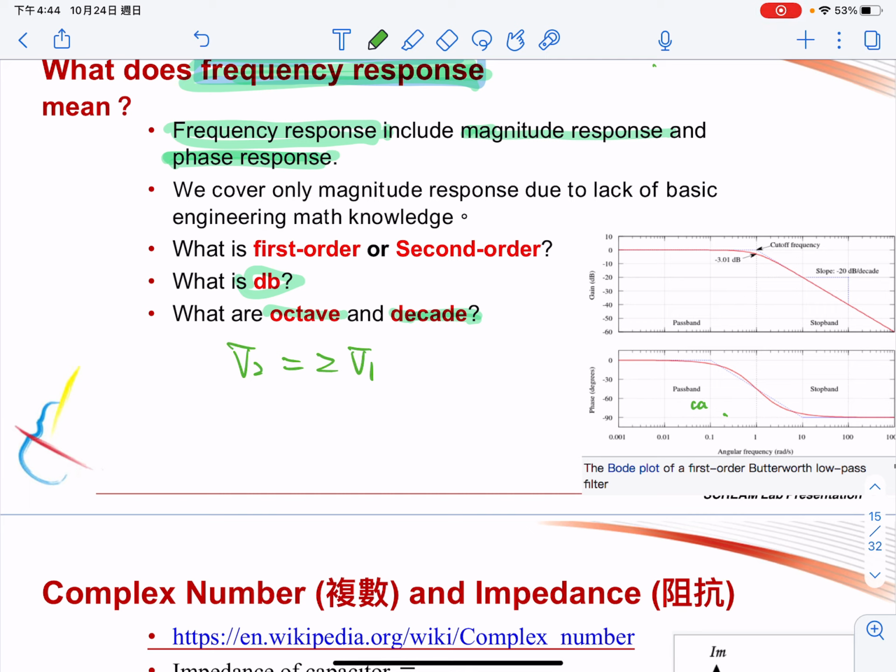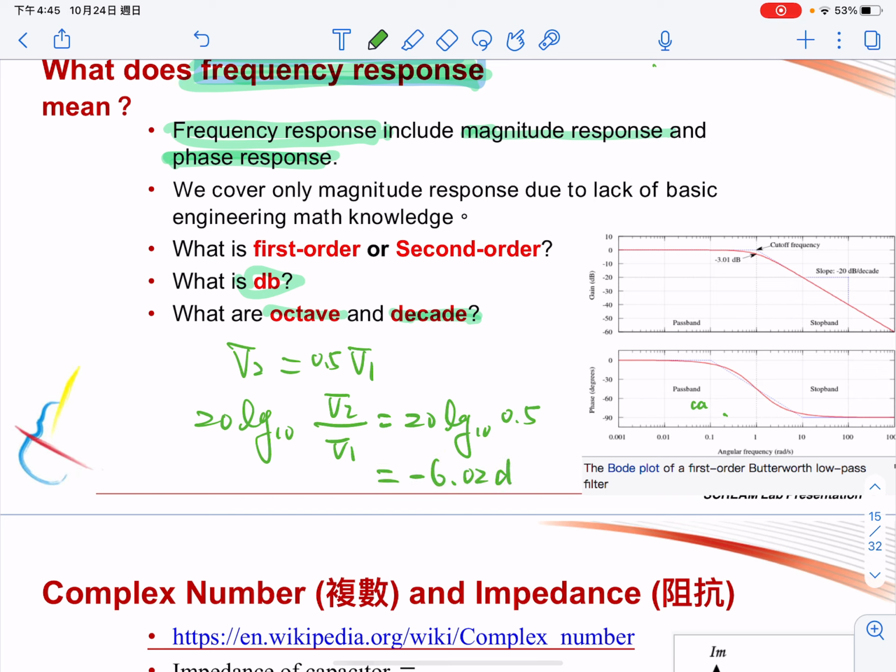And how to calculate dB? dB is something you have to do in comparison, meaning in comparison of V2 with V1. So dB is written as 20 multiplied by log 10 of V2 over V1. Now I will make this one 0.5, and this becomes 20 log 10 of 0.5. As you can see, this one is minus 6.02 dB.